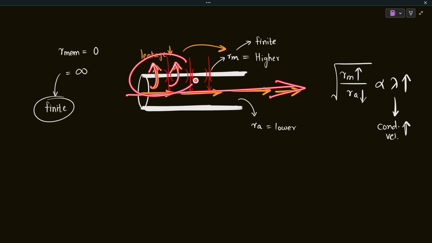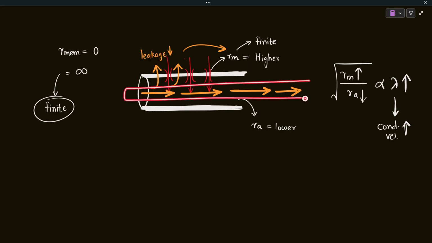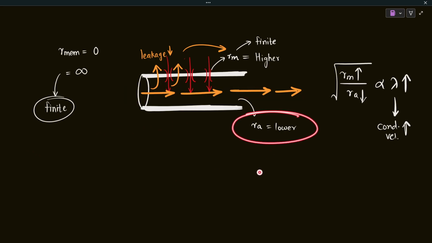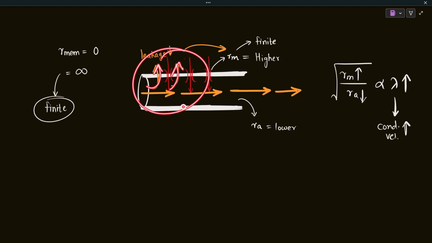So we are inhibiting the current flow in this direction by increasing the membrane resistance, and we are ensuring that the current will flow in this direction by lowering the axoplasmic resistance. This purpose is served by myelination. In unmyelinated axons, the leakage is quite significant, and that is why unmyelinated axons show slower conduction of the ion currents.